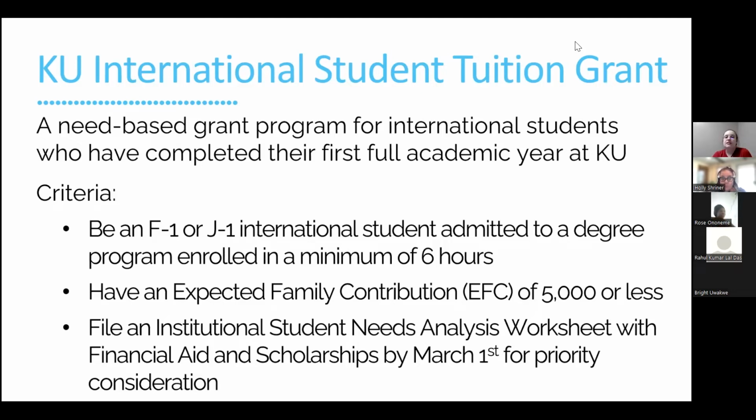And the application is just completing the institutional needs analysis worksheet by March 1st for consideration. We also continue to look at other applications when they come in if there's additional funding available. And it does require that you are an F1 or J1 international student, and you are in a degree program and enrolled in a minimum of 6 hours during each semester.